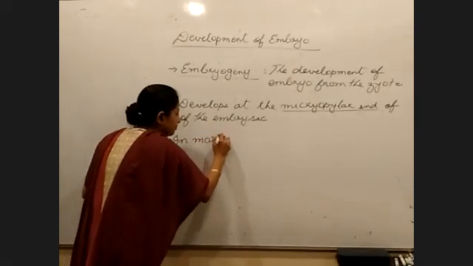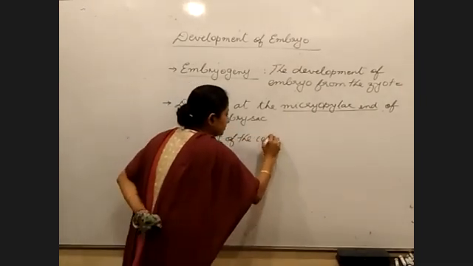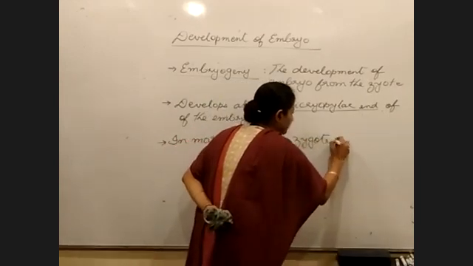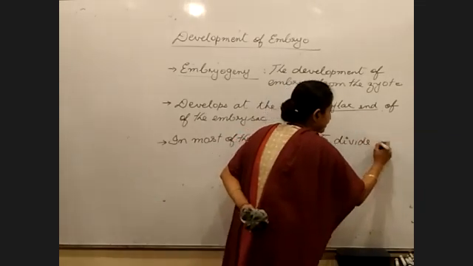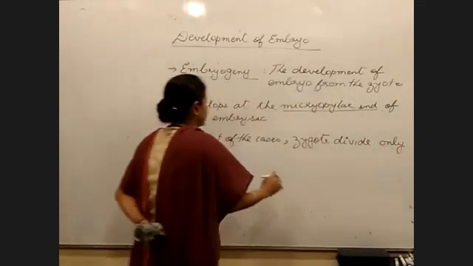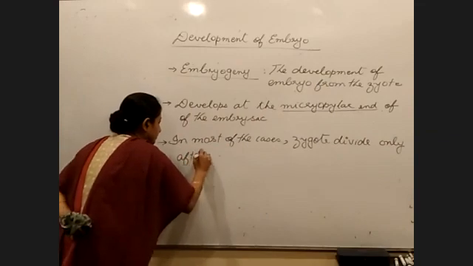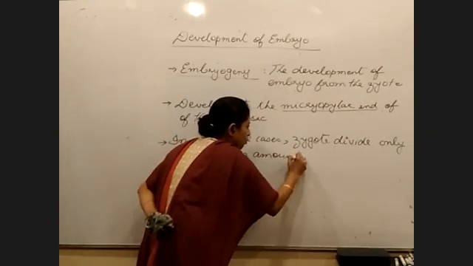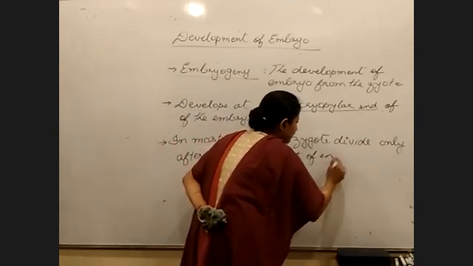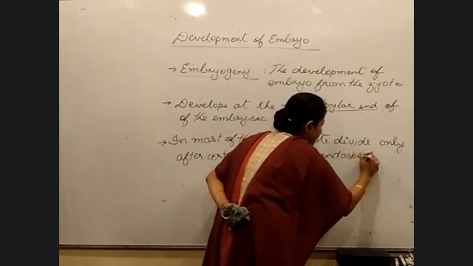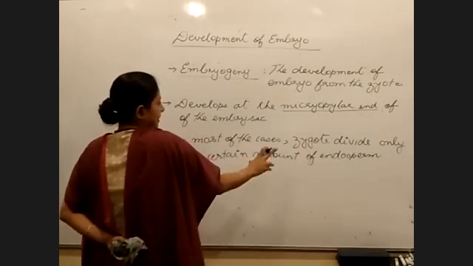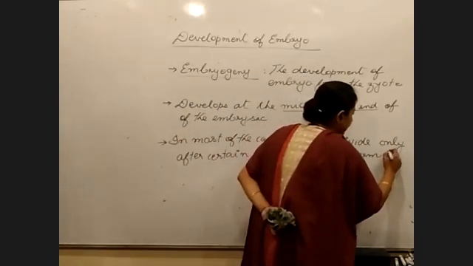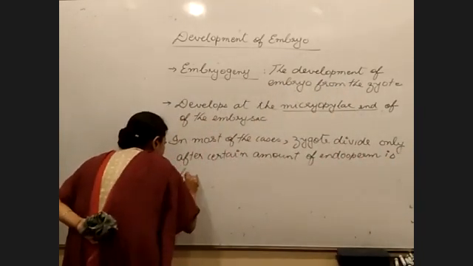So write that down: in most of the cases the zygote divides only after a certain amount of endosperm is formed.